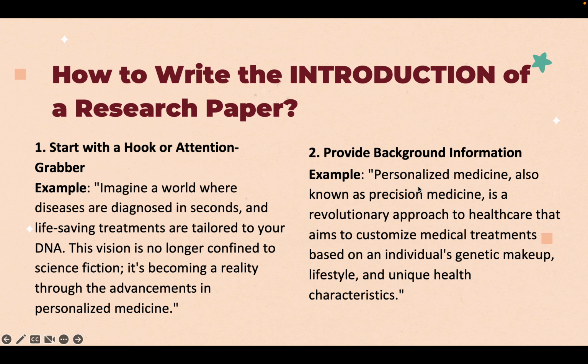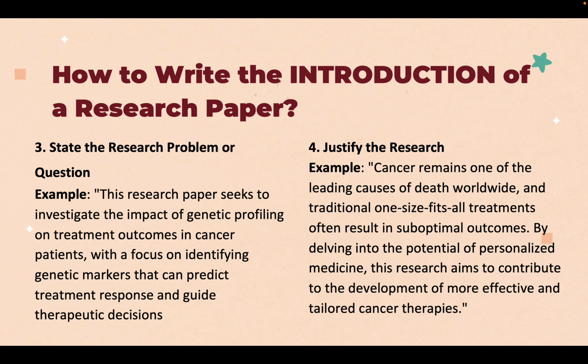Example of background information: Personalized medicine, also known as precision medicine, is a revolutionary approach to health care that aims to customize medical treatments based on an individual's genetic makeup, lifestyle, and unique health characteristics. So that is an example of the background information.